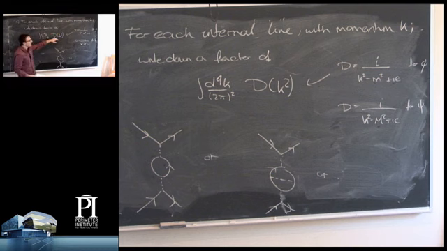The e to the i. The Feynman propagator was basically the Fourier transform of this, multiplied by e to the i k dot x minus 1. We got rid of that.